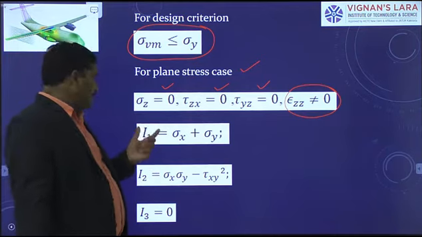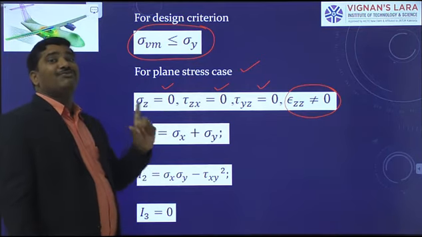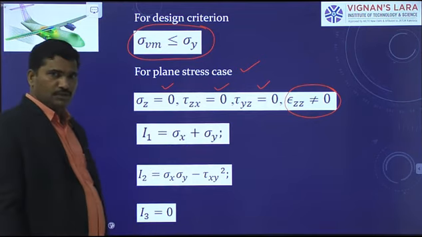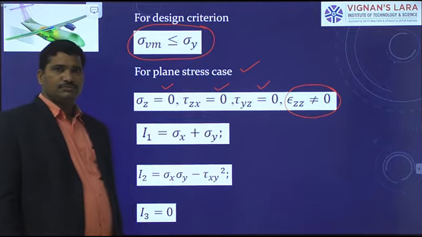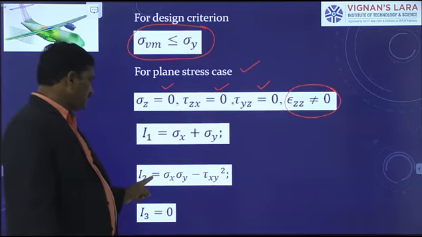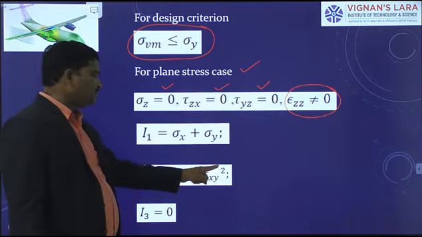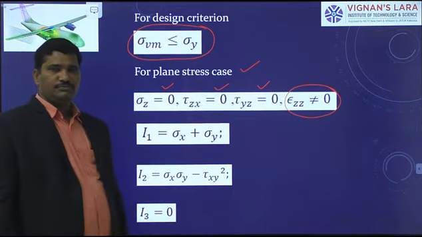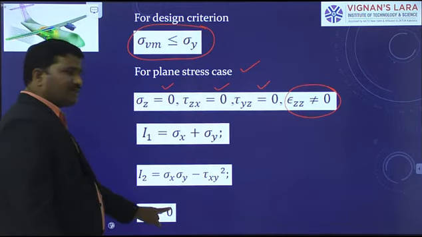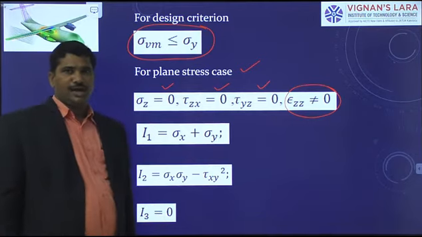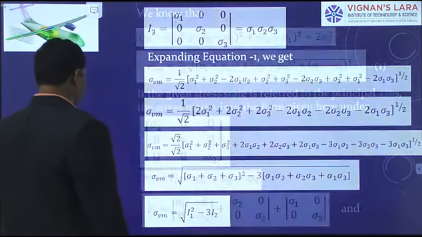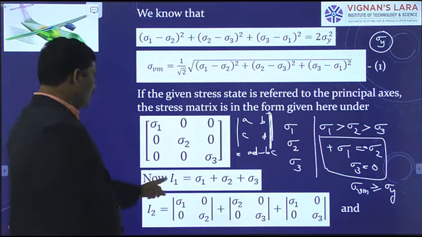Hence, the first stress invariant I1 appears like this: sigma x plus sigma y. Okay, right. Next one, I2, how do you get? I2 equals sigma x sigma y minus tau xy square. Okay. Next, I3, you get 0. Because, observe carefully, what is I1?